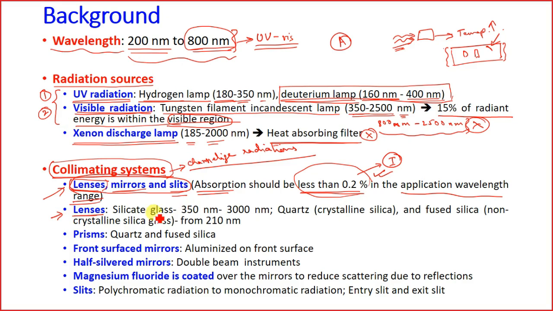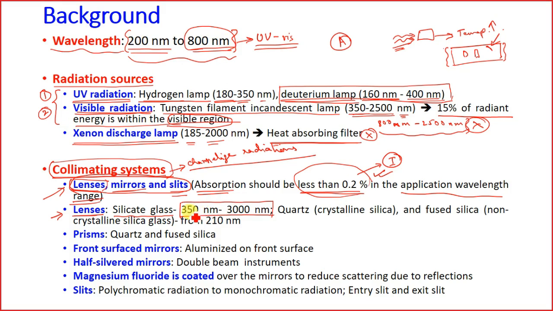Lenses are usually made with silicate glass. The working range with the silicate glass is 350 nanometer to 3000 nanometer. So you will say, sir, you said that when we are going for UV visible spectrophotometry, we have to scan in the wavelength range of 200 nanometer to 800 nanometer.